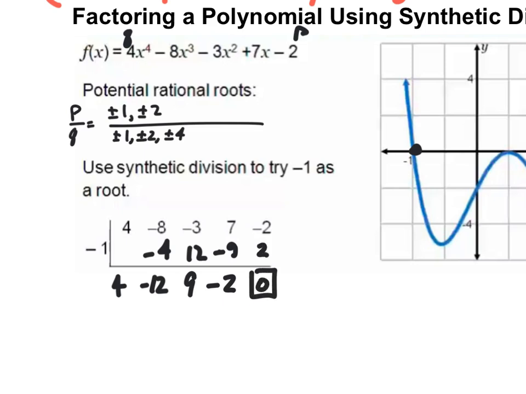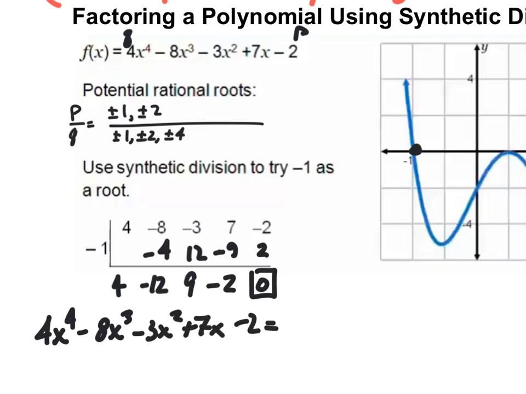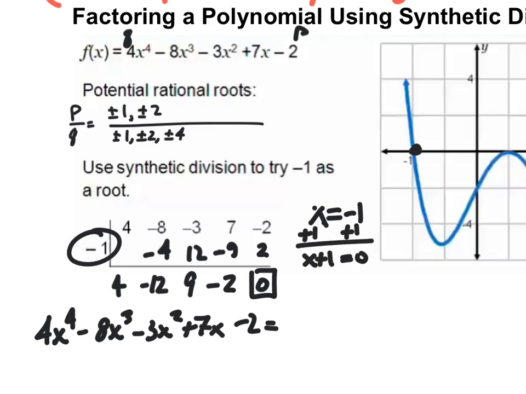So what I've done is take my polynomial, 4x to the 4th minus 8x cubed minus 3x squared plus 7x minus 2, and factor out a root of -1. When x equals -1, I add 1 to both sides, and that gives me x plus 1 is equal to 0.